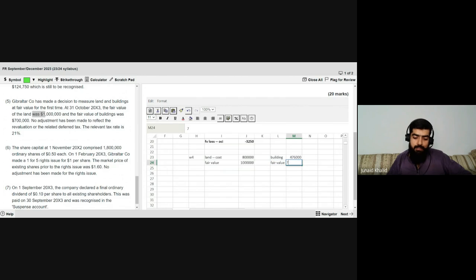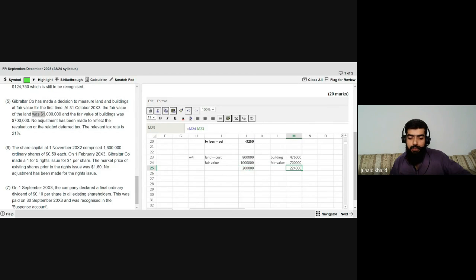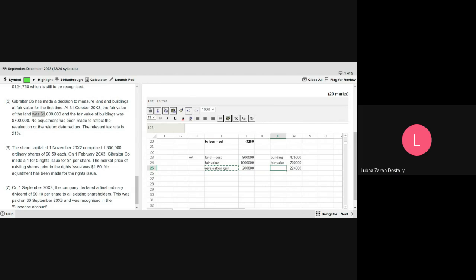Now, both have increased, and there's a revaluation surplus. So we can say it's a revaluation gain or surplus. Is it clear?